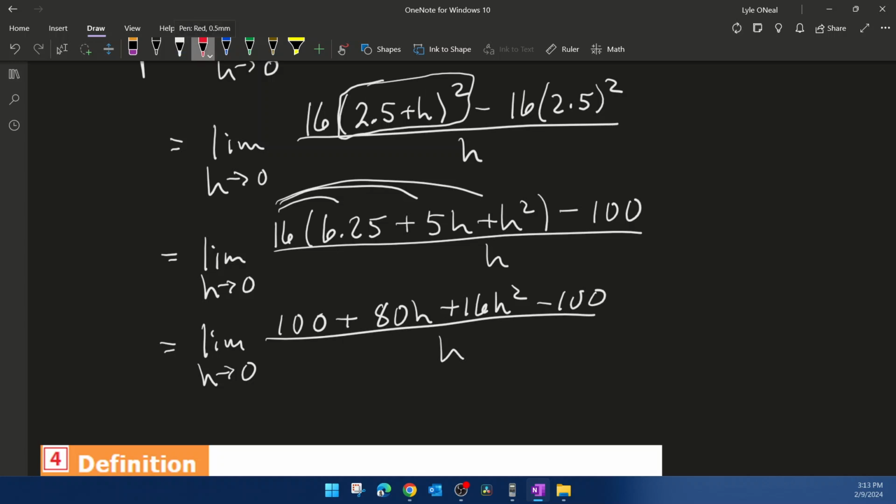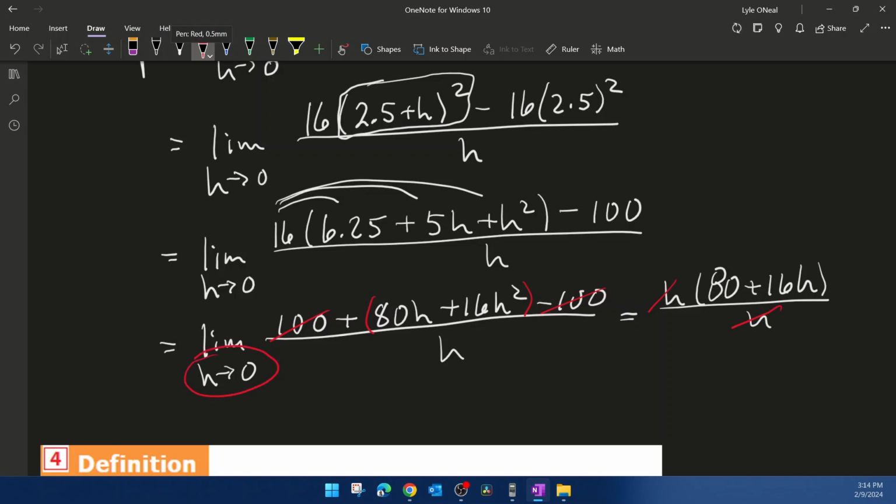Now it's getting close to the end. The hundreds cancel. The remaining terms both have an h, so I can factor out an h, which will leave me with 80 plus 16h over h. And the h's can now reduce out.